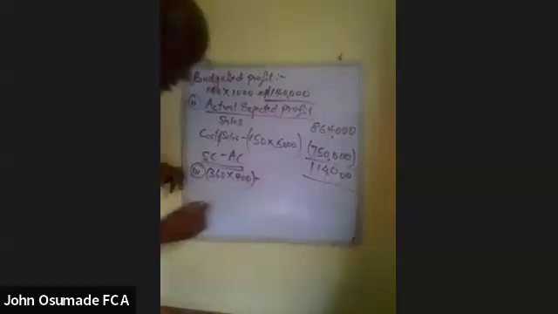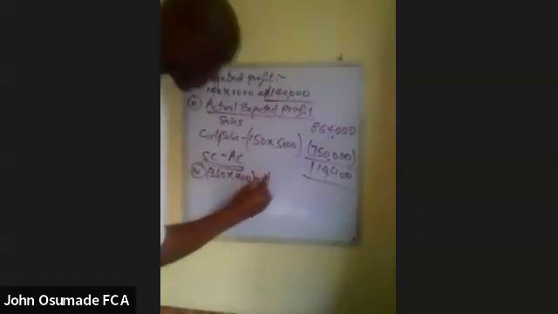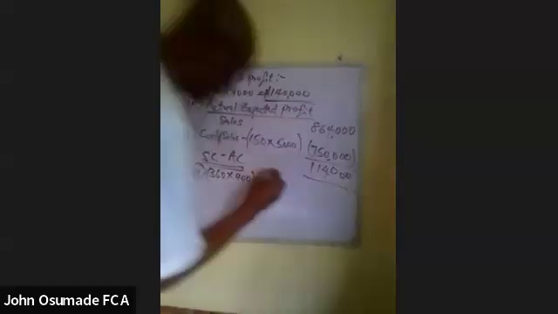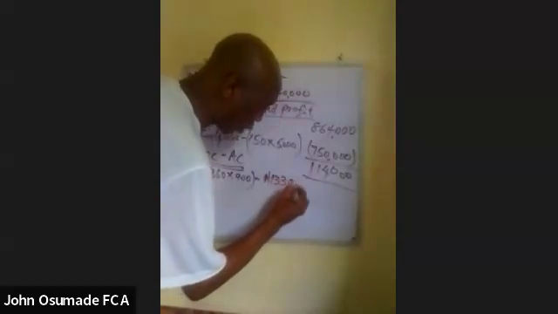Bracket minus the actual amount bought, how much? 360 was the actual amount we bought. 133,200.